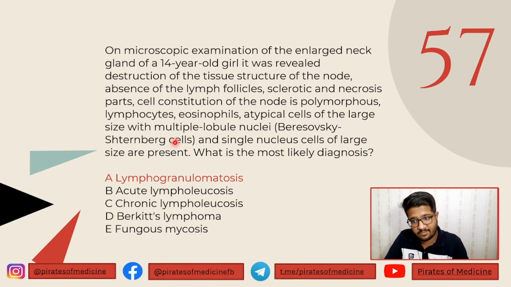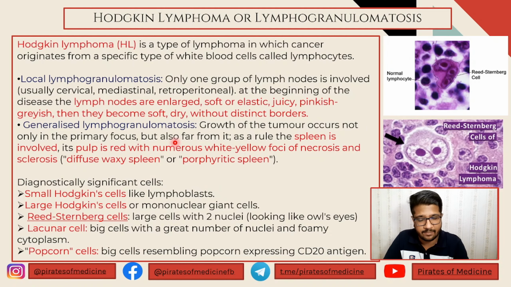But here at Piles Medicine, we would like to go a little deeper. Basically, lymphogranulomatosis or Hodgkin's lymphoma is a type of lymphoma in which cancer originates from a specific type of white blood cells called lymphocytes. Hodgkin's lymphoma can be local or generalized.